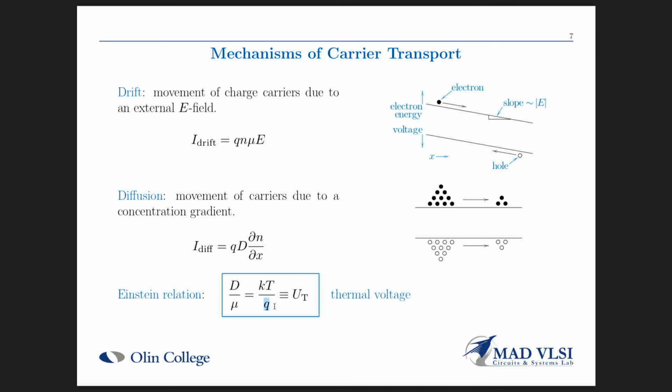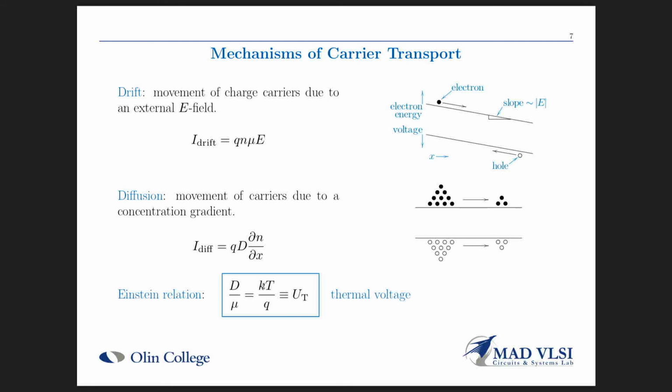For us, it's the elementary charge, or the charge on an electron. And that kT over q is something we're going to see again and again. It's called the thermal voltage, and so we give it a special symbol, U sub T. This has a value of about 25 or 26 millivolts at 300 Kelvin.